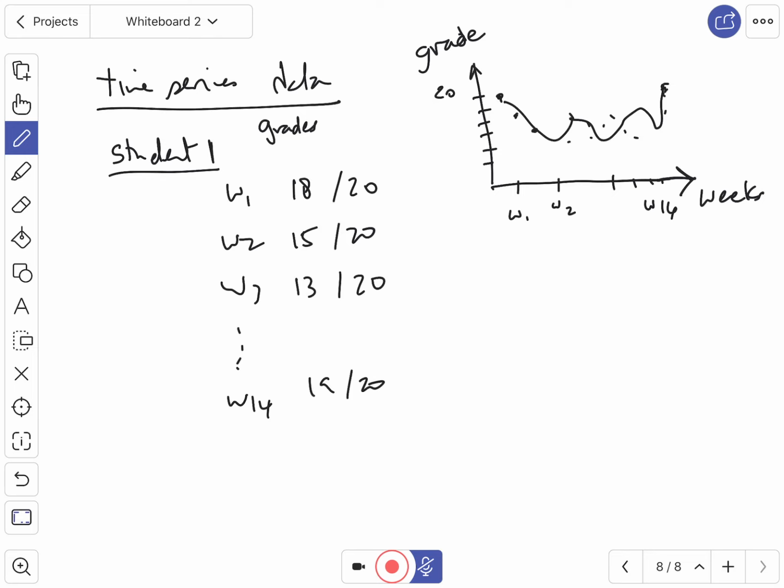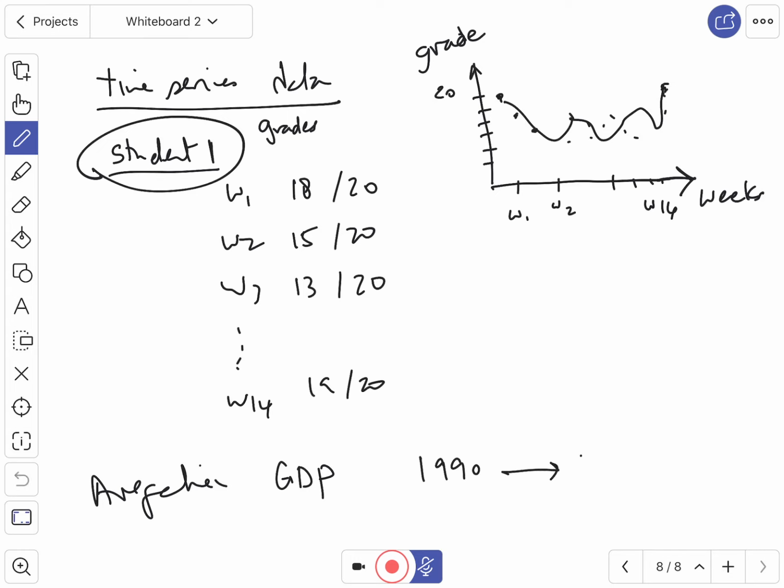If you want to think about it in terms of the example of countries, I'm talking about Argentina. Just choose one country. Here I chose one student. Another example, I choose, let's say, Argentina. So I'm observing GDP in Argentina over time, from 1990, let's say, to 2022.